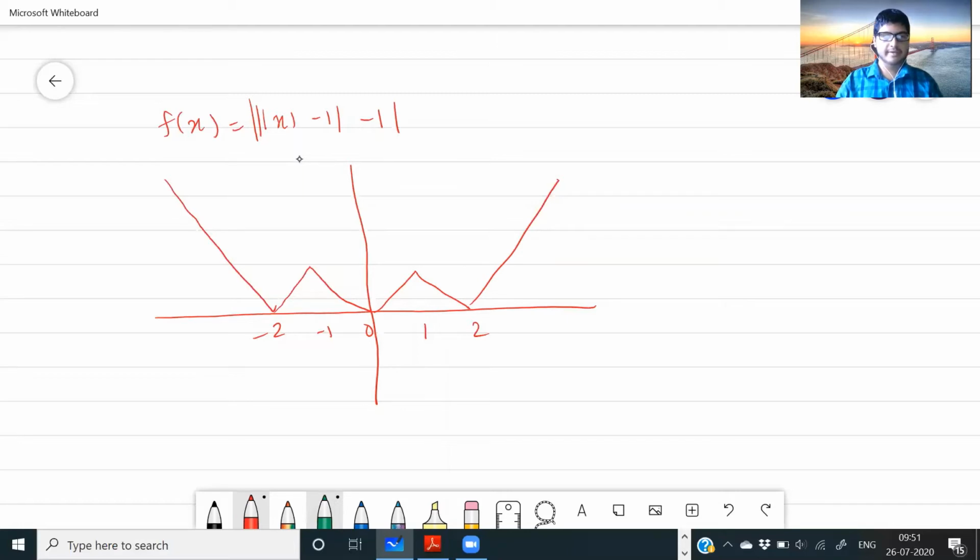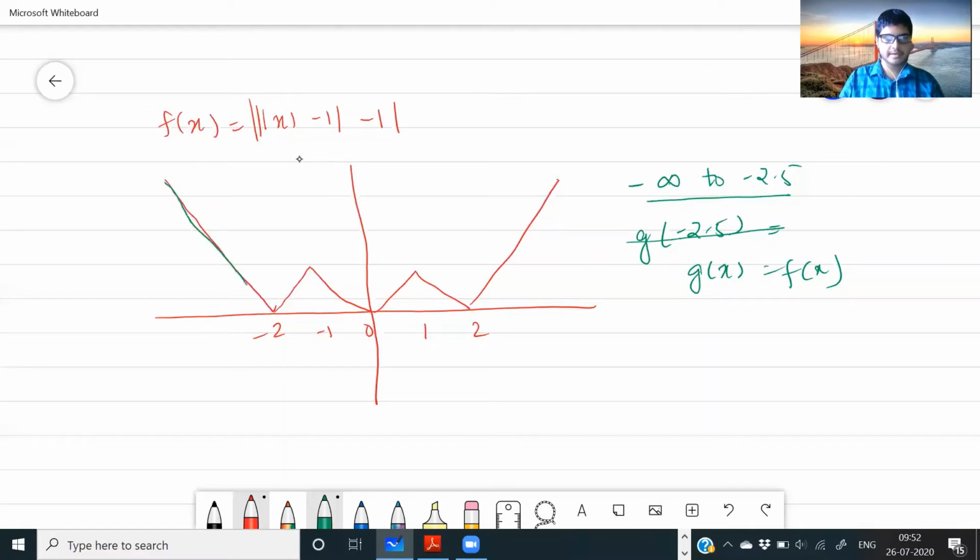So for g(x), the first thing you can notice is that from minus infinity to minus 2.5, g(x) can be written as f(x). Let's say this point is minus 2.5. Till minus 2.5, the value of g(x) is going to be f(x), because for instance I can take the point minus 3.